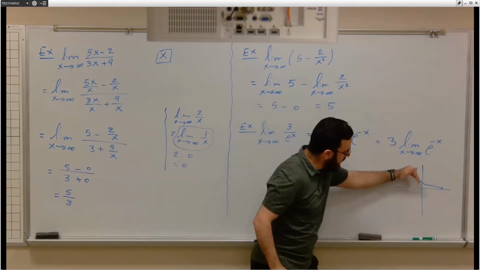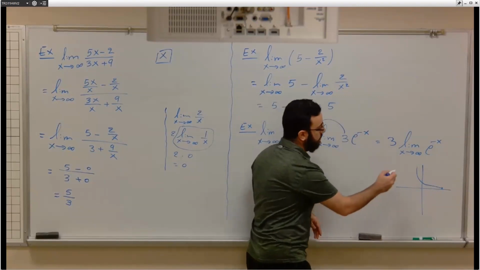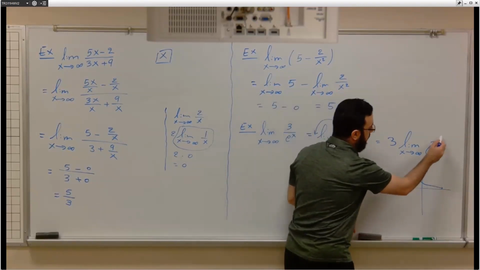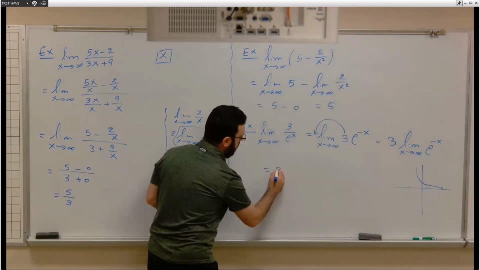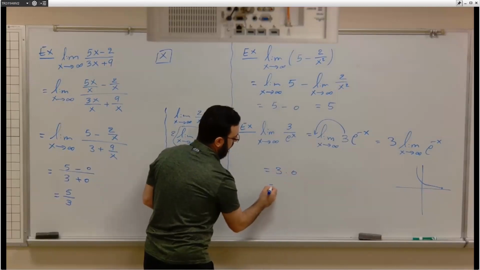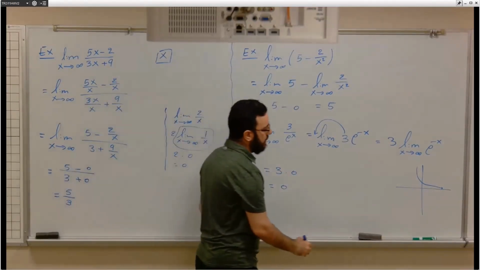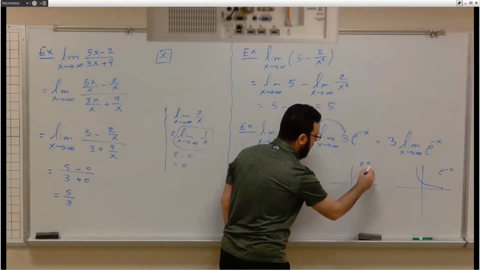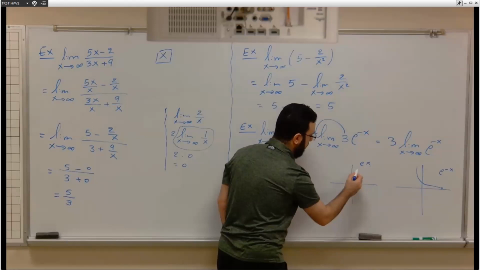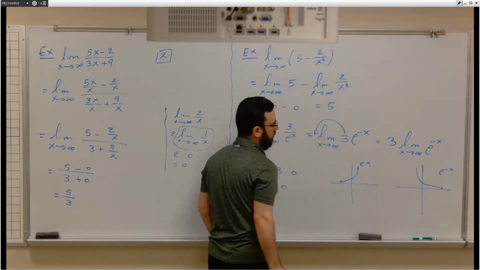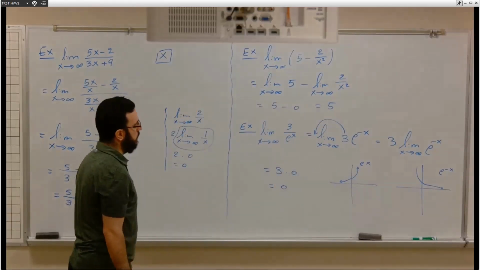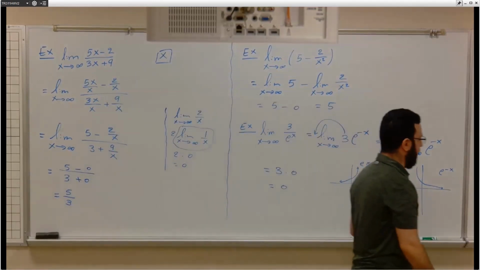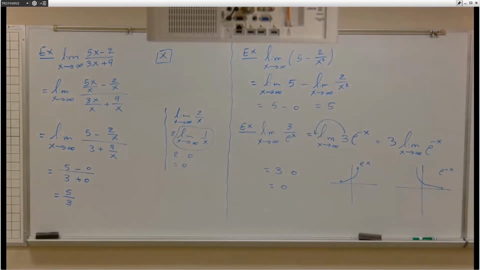The y coordinate is going to 0. That means the limit for e to the negative x is going to be 0. So it's 3 times 0, and the result is going to be 0. So the graph for e to the negative x is going to be like this, and the graph for e to the x is the other thing. You have to know the graphs for e to the negative x and e to the x.